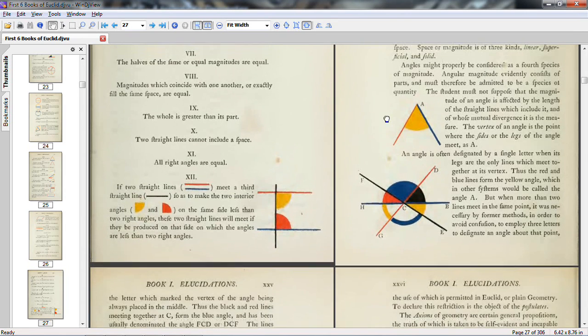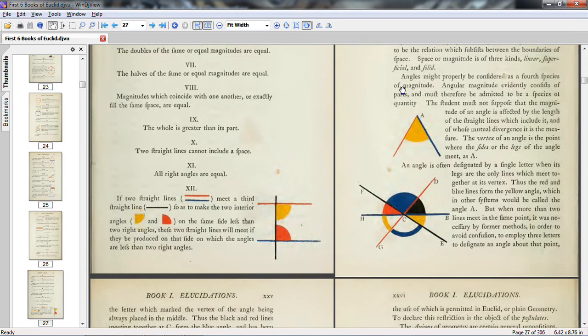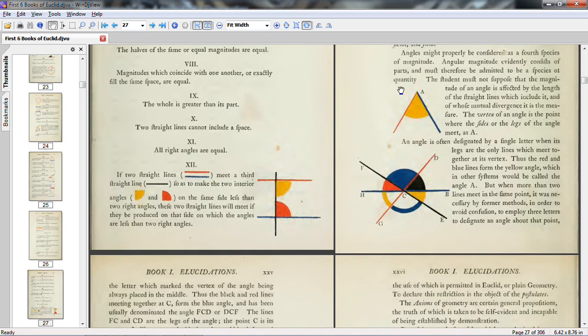Right? Now, the bit about angles, I don't know why he says might, but that's what it says. Angles might properly be considered as a fourth species of magnitude. Angular magnitude evidently consists of parts and must therefore be admitted into the species of quantity, which is true enough. It's a type of quantity.